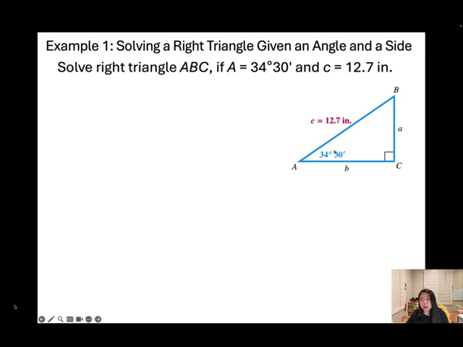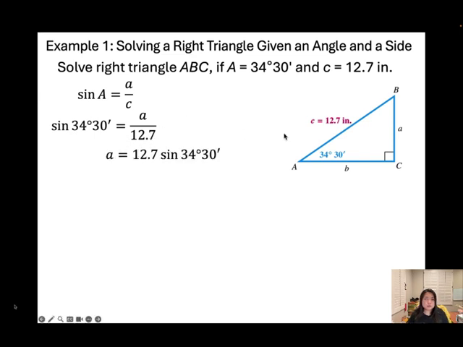Sine of A is opposite over hypotenuse, and then I'm going to multiply by 12.7 on both sides. Use your calculator and you're going to get a equal to 7.19 inches.